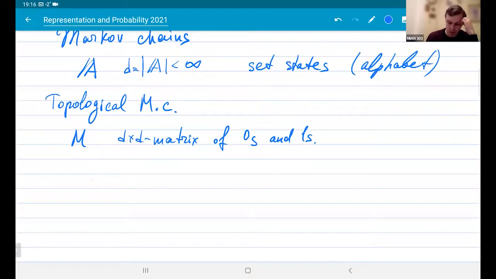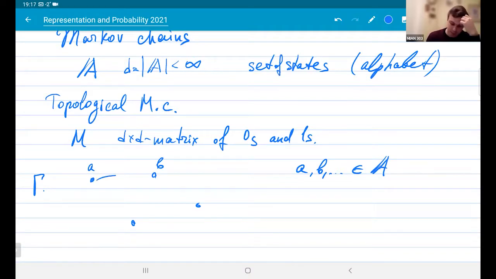You can also think about this as a graph. So we take the graph gamma, so that each vertex is an element A of our set of states, and you draw an arrow from A to B. This means if and only if M_AB equals 1.